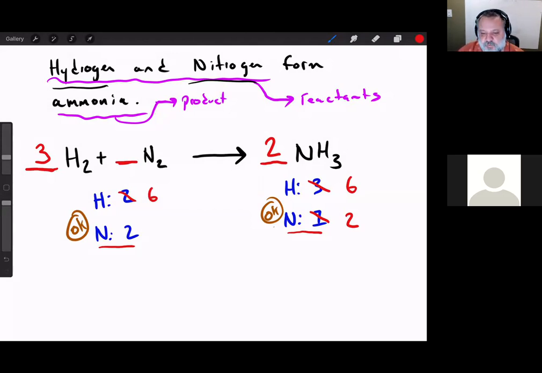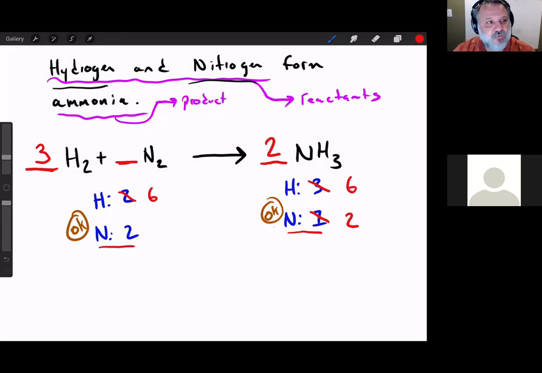Okay, so what I'm going to do is come back next time. We're going to write down, they're not rules for balancing reactions. The only rule for balancing reactions is you have the same atoms on the product side as the reactant side, and they're in the same quantity. That's the only rule, right?